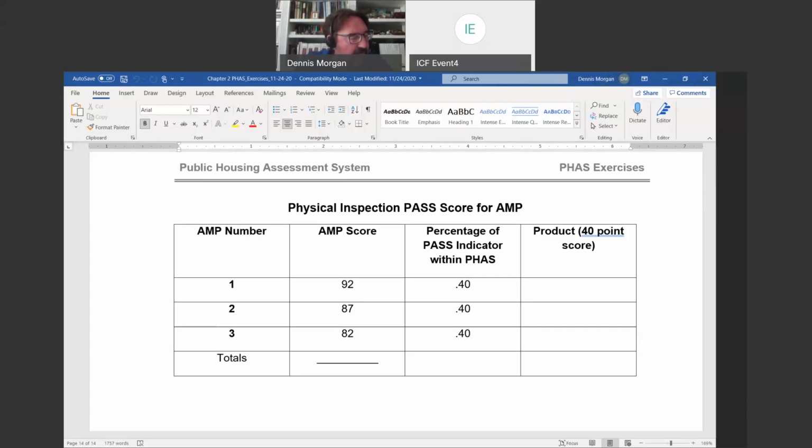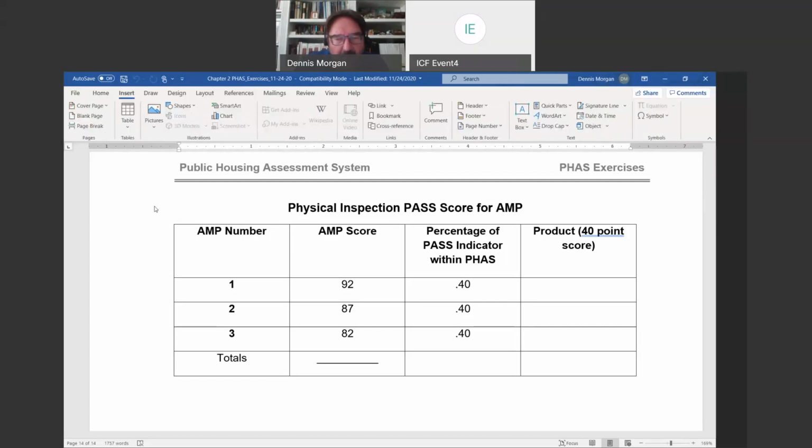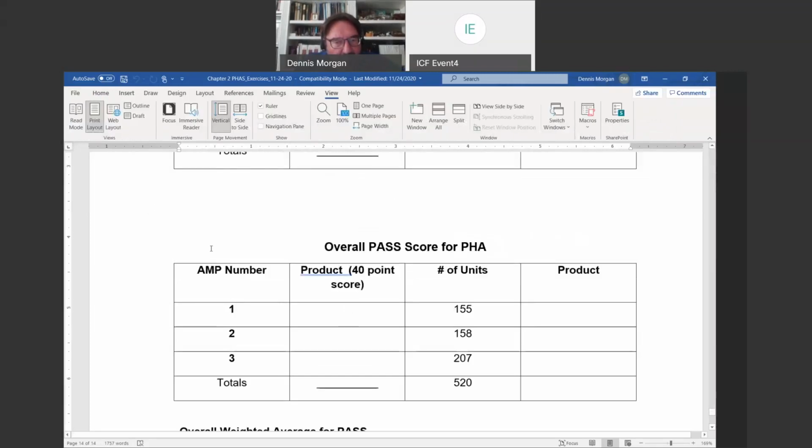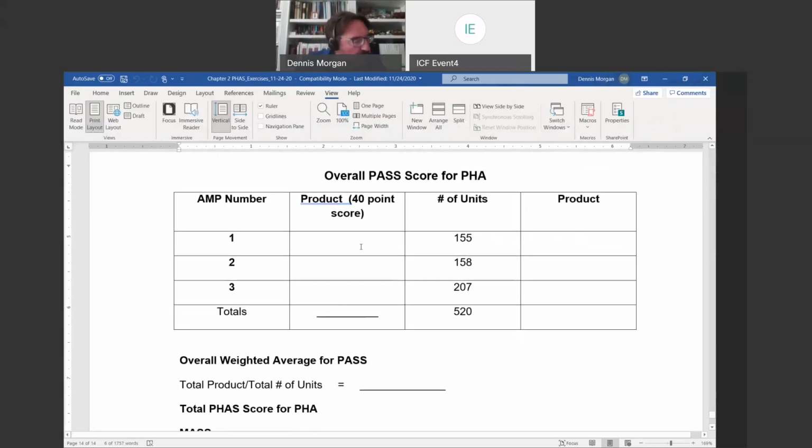I now come down to determine the weighted average on those particular AMPs. I take that score of 36.8 and multiply it times 155 units. That gives me 5,704 for AMP number 1.